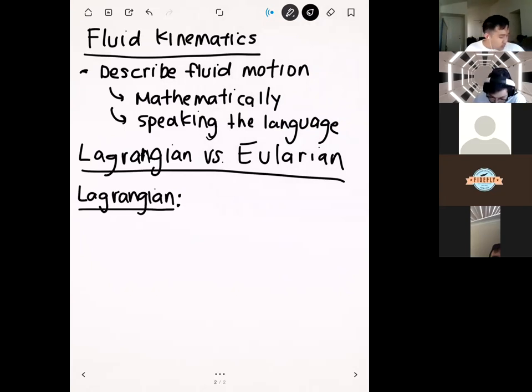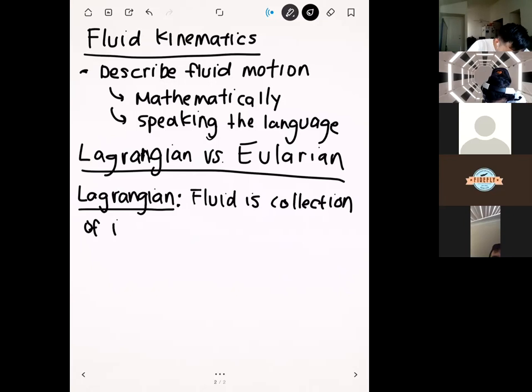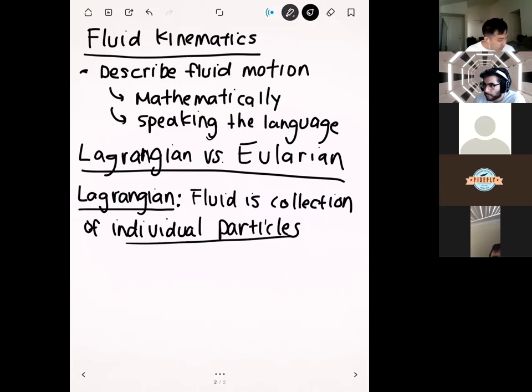People who believe in the Lagrangian description of fluid flow basically view a fluid as a collection of individual particles. And so the emphasis here is on individual particles, right?